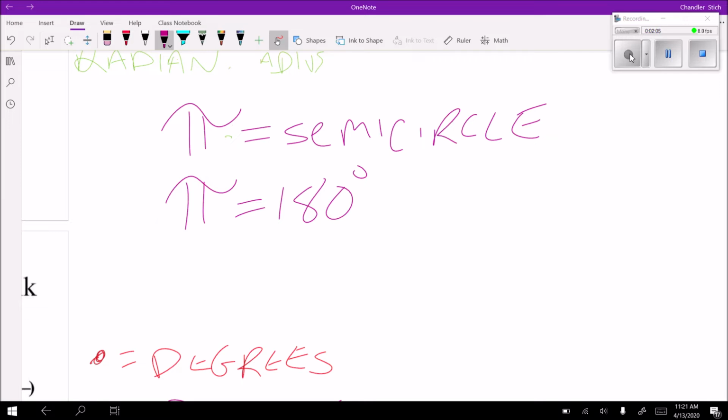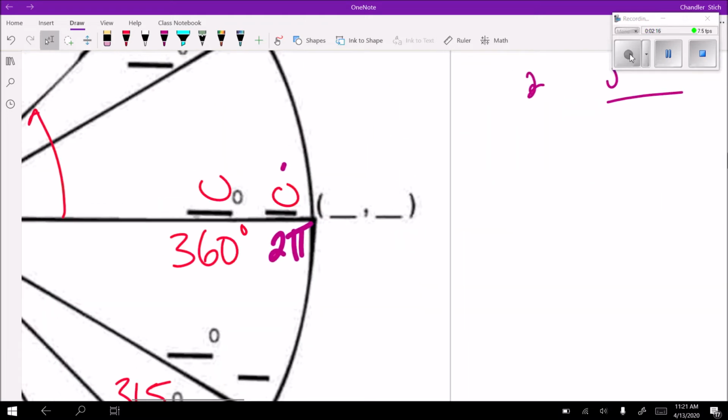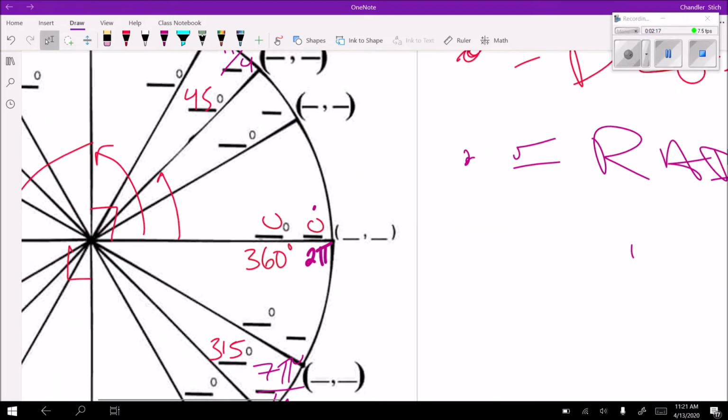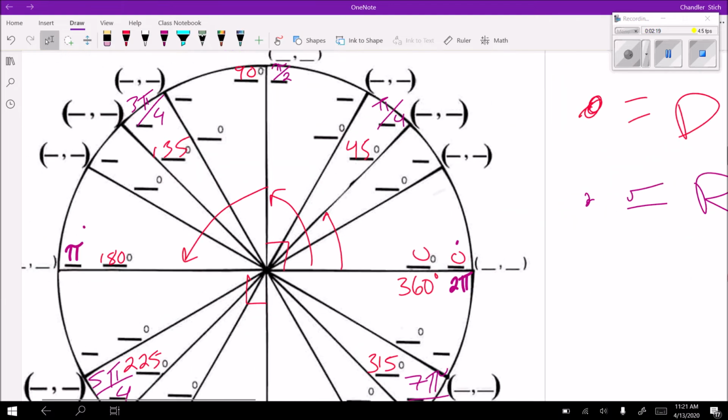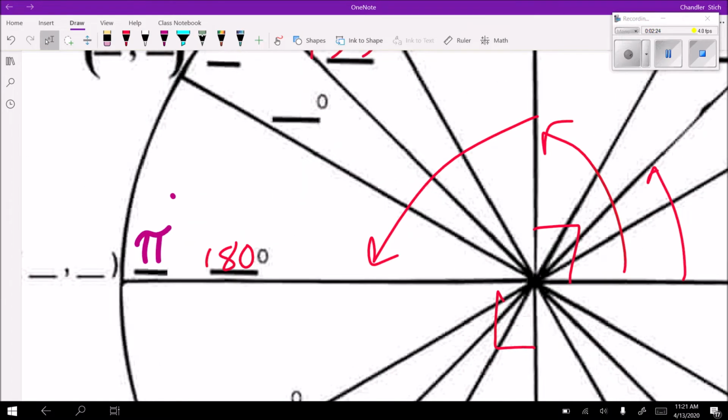So if pi equals 180 degrees, 2 pi equals 360 degrees, or all the way around the circle, like we saw here. All the way around the circle gave us 360, or 2 pi, and halfway around the circle gave us 180 degrees, or pi. And remember, these are your radians.